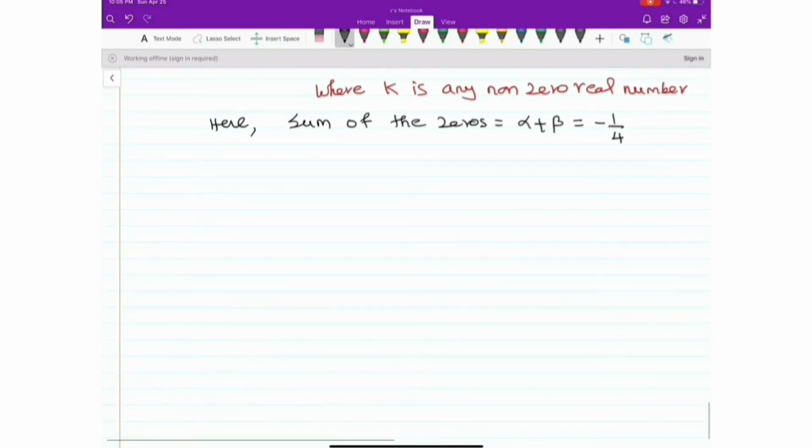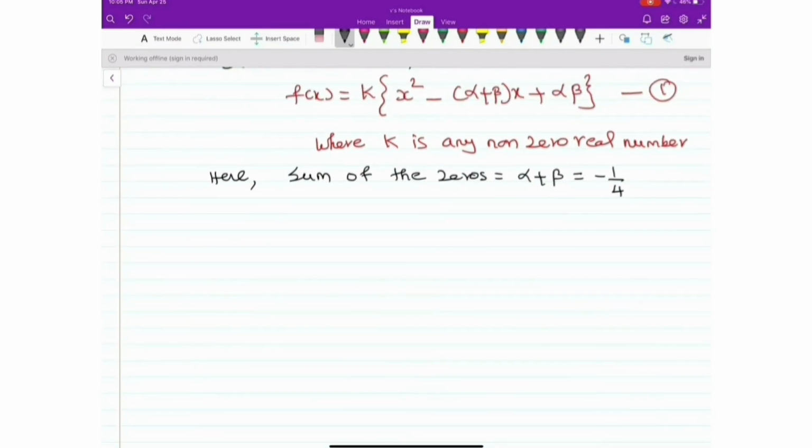So, let me name this as 2. Now, product of the zeros is equal to alpha beta is equal to 1 by 4. Let me name this as 3.